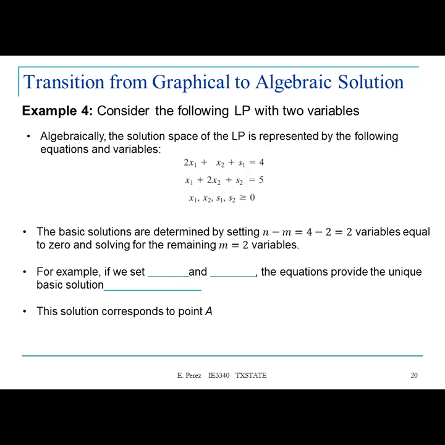Now, we need some basic solution. And the basic solutions are determined by setting n minus m variables to zero. In this case, we have two equations, so that's going to be our number of rows, m. And we have 4 variables, so n equals 4.